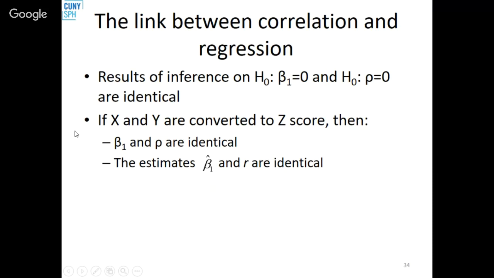And if, as I was saying, X and Y are converted to z-scores, then your coefficient beta is the same as the correlation coefficient. So the population values are identical, and your estimates will also be identical.